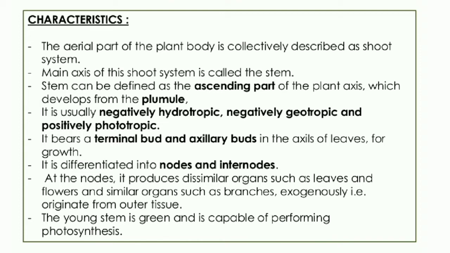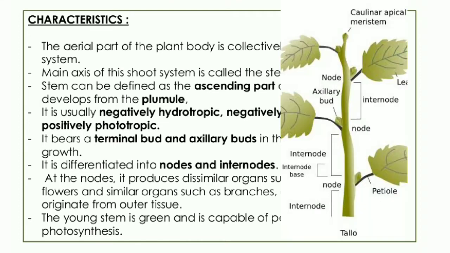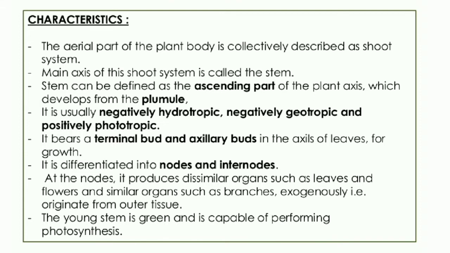On the stem, we can clearly see the nodes and the internodes, right? And at these nodes, it produces dissimilar organs. Remember, dissimilar organs such as leaves, flowers, and fruits, etc. And it produces similar organs such as branches exogenously, that is, originating from the outer side.